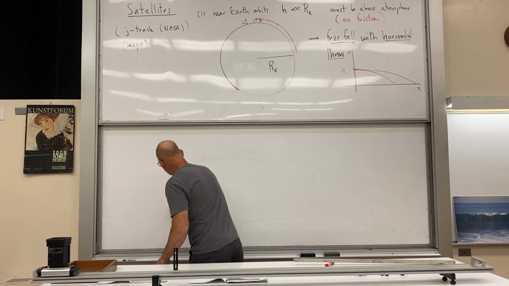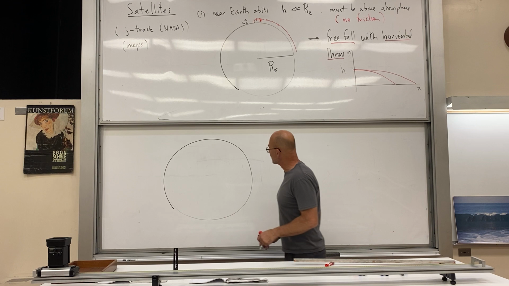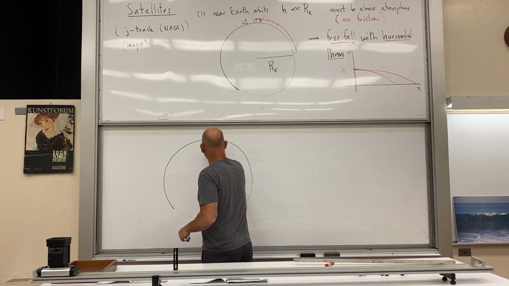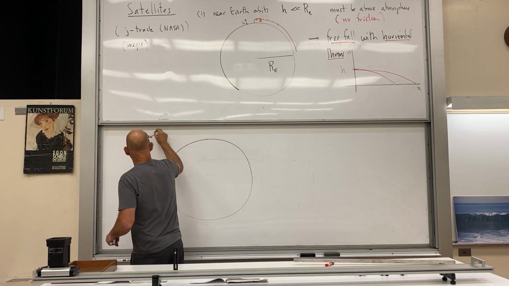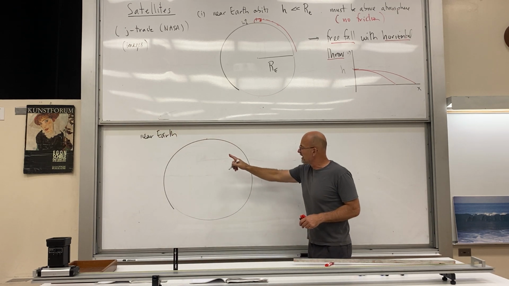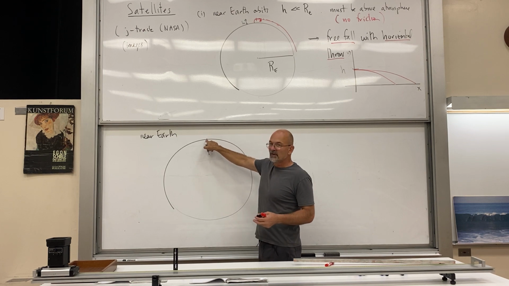So now that we see the ingredients, we're going to take our large sphere here, or circle, and we're going to imagine, since it's a near-Earth orbit, that we're actually just launching from the surface.